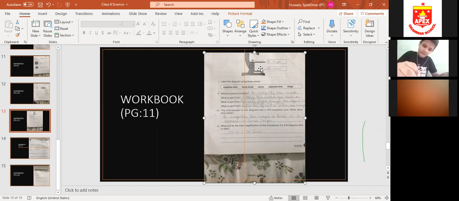Okay, so there are parts A, B, C, D. Now I'm not seeing A, B parts. There are 5 labels. You can use these labels to label this diagram.